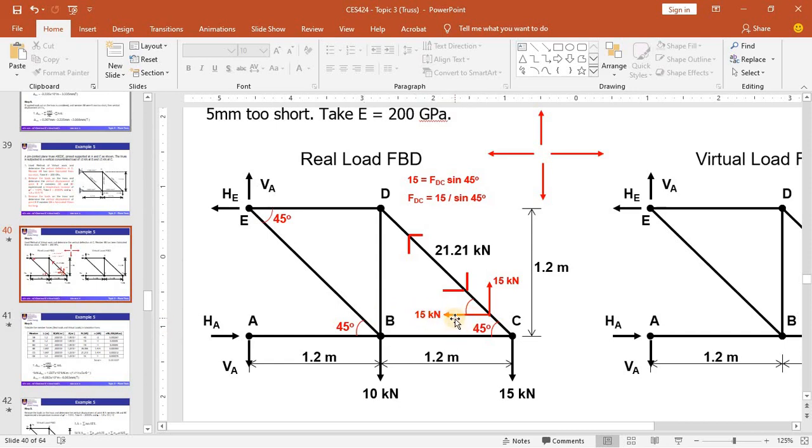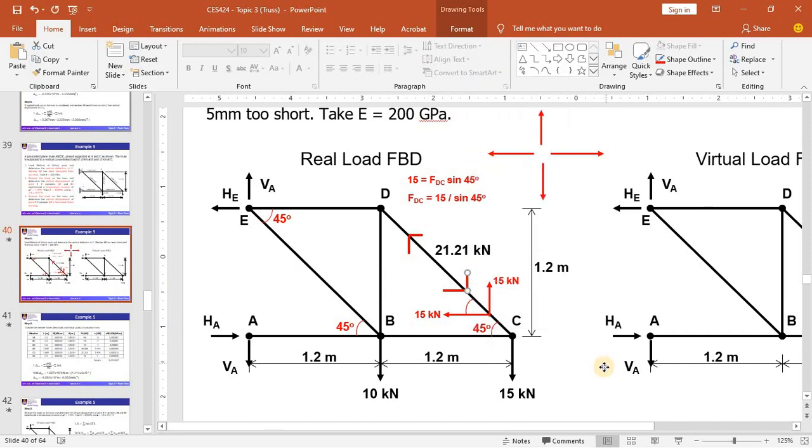We know that the only forces acting at joint C in the horizontal direction are this component and the unknown force in member BC. We know that this is 15 kilonewtons to the left. So to balance this 15 kilonewton force, you need to apply the same amount of 15 kilonewtons to the right. Meaning you need to apply 15 kilonewtons to the right for this particular member BC.